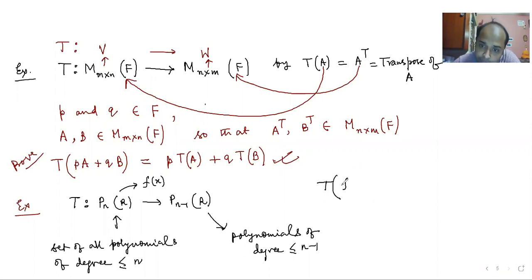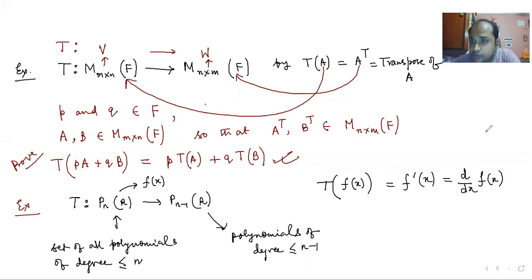When I put this inside the transformation T, we get f dash x, or you can say d/dx of f of x. Because whenever you consider f of x to be x squared, a second degree polynomial, and consider f dash x, we get twice x, so its degree becomes lesser.